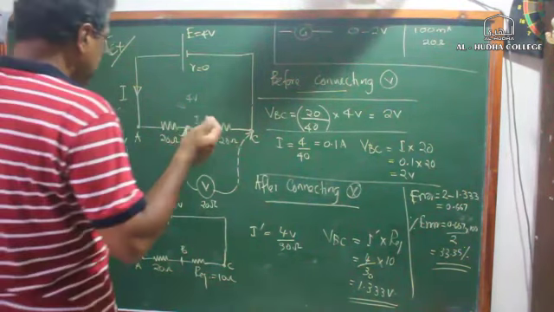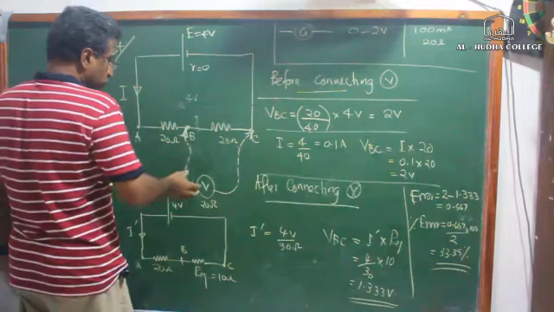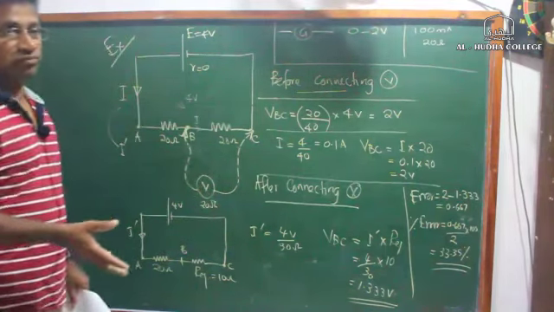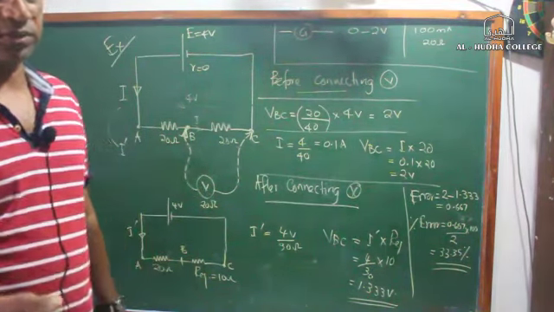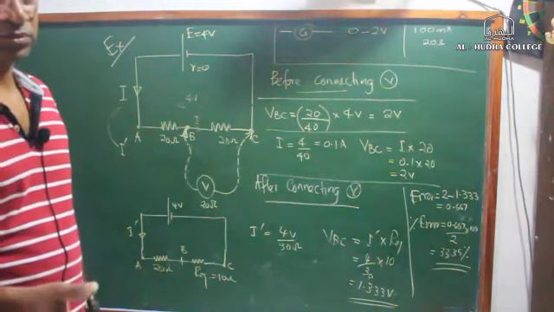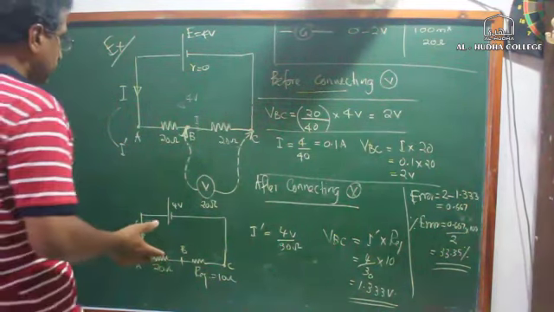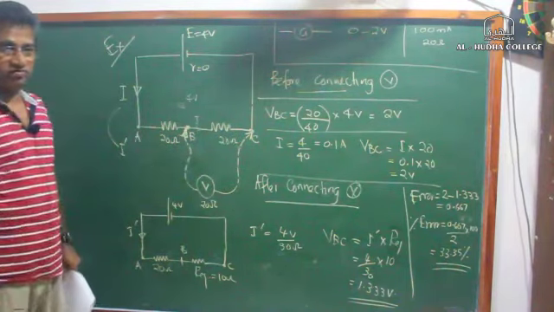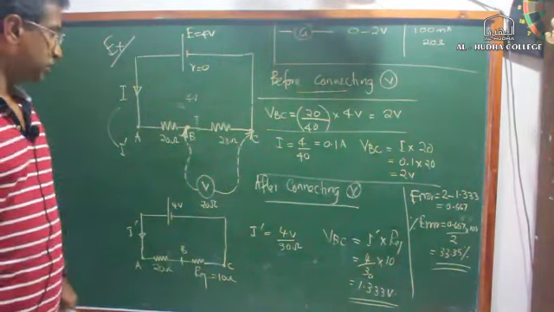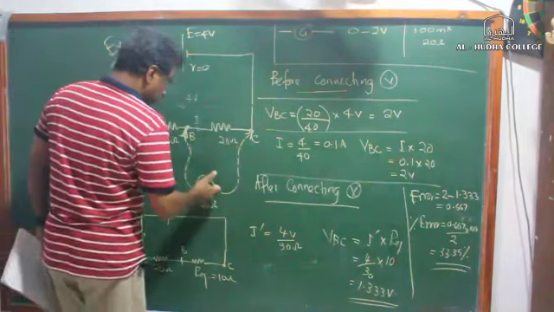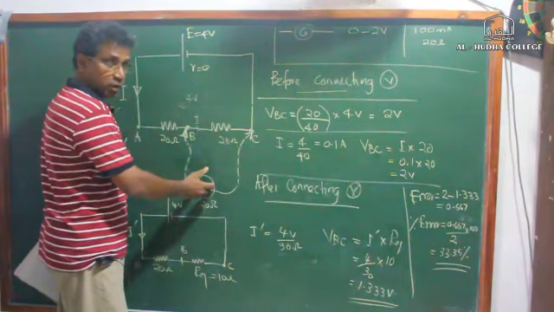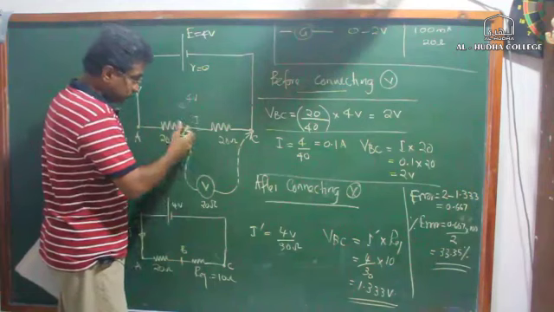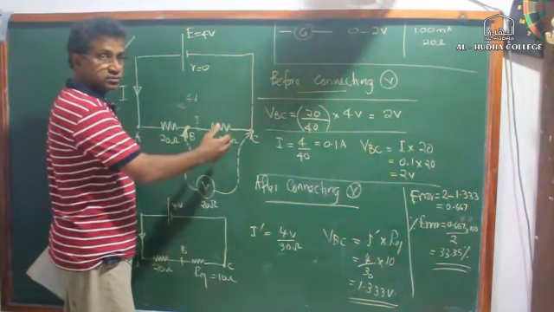So to reduce the error, the voltmeter should be of what? Because we are introducing the voltmeter in parallel to the circuit where we are measuring voltage. When your voltmeter resistance is very low, it will take a current through this path.